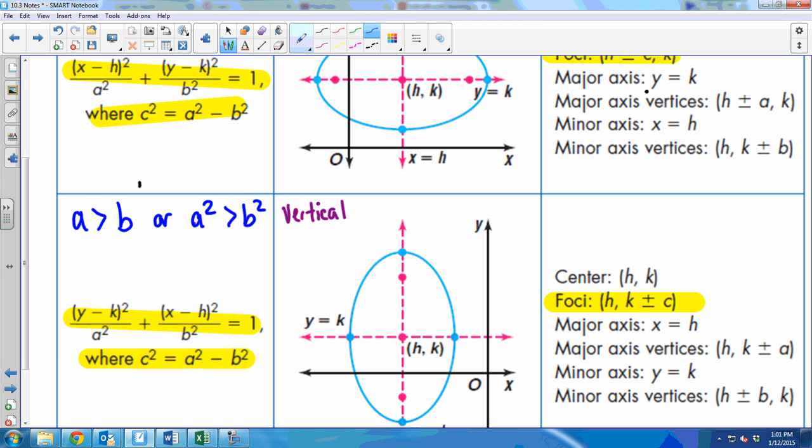That's why a squared is under the x for horizontal and it's under the y for vertical. The larger denominator will tell you the orientation.